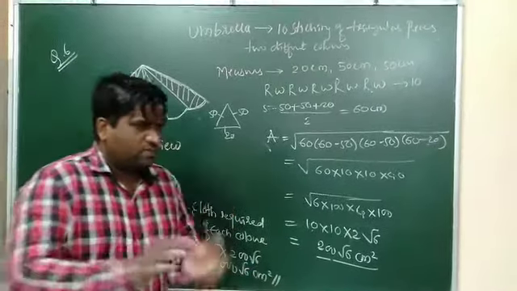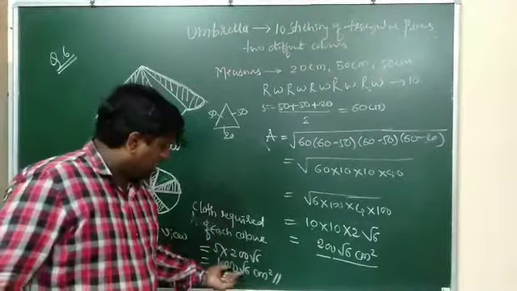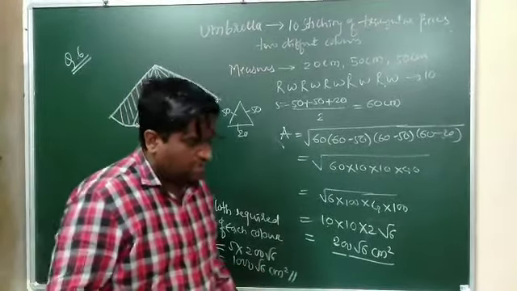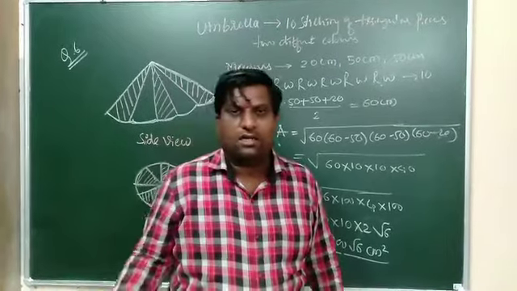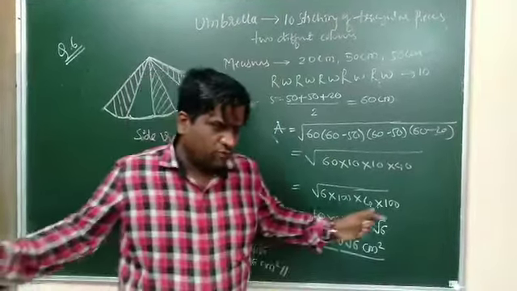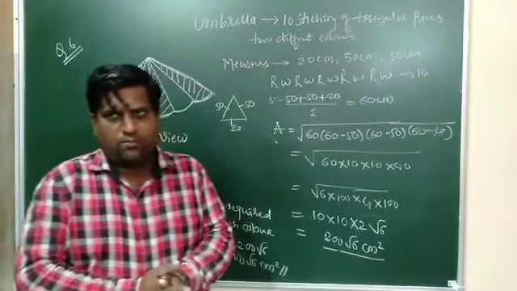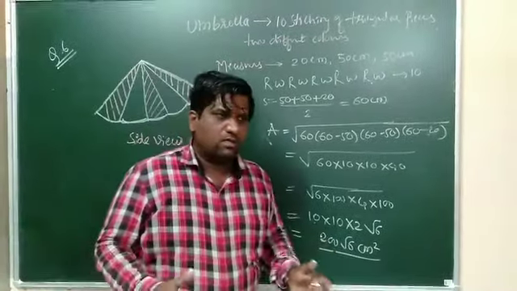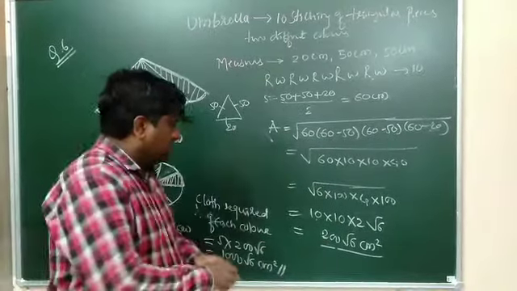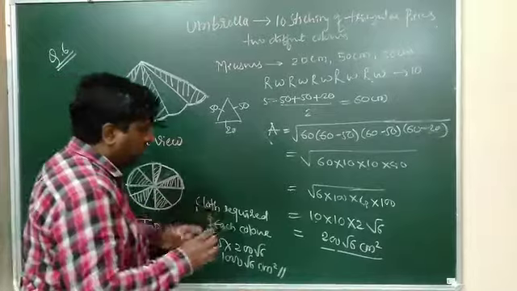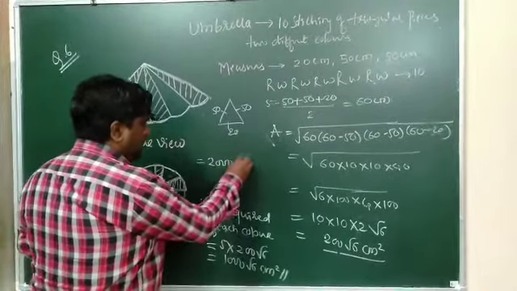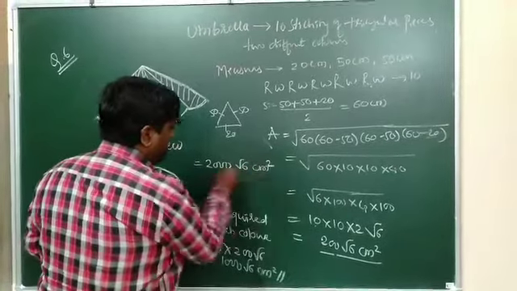So if there are 5 red pieces collectively of area 1000 root 6 centimeter square, and there are 5 other white pieces of 1000 root 6 centimeter square, if we combine both 5s, the number of pieces will become 10. In that case, the total cloth required is 2000 root 6 centimeter square.